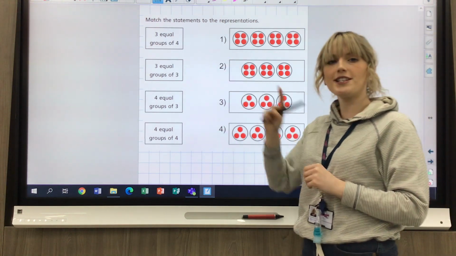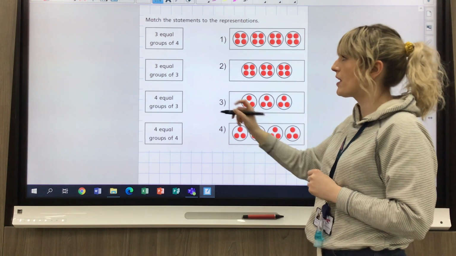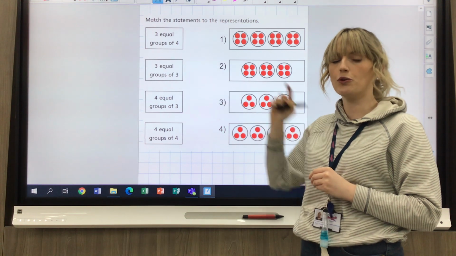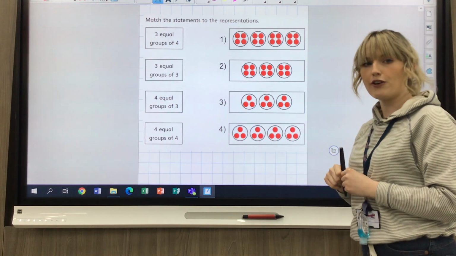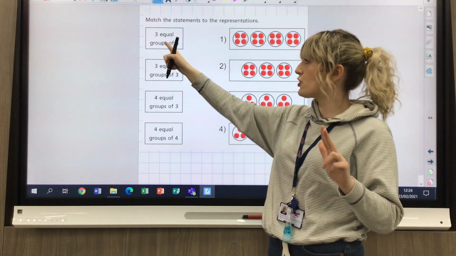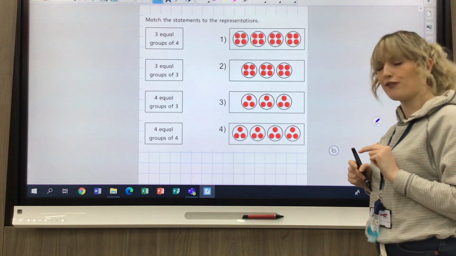So let's look at the first sentence and see if we can find the correct picture to match. So it says 3 equal groups of 4. So I'm looking for a picture that's got 3 groups, and in each group there is 4. So 3 equal groups of 4.